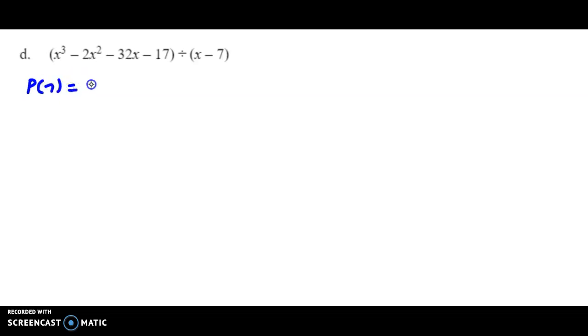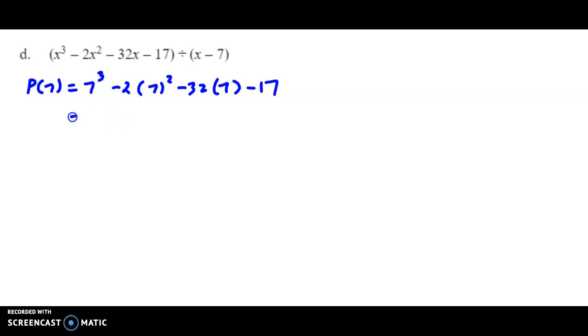Every x value gets a 7, so 7 to the third. Now notice I didn't use parentheses here. You can, if you want to, just stay consistent. But because this is a positive 7, I'm just going to substitute it in as is. All right, so minus 2, and then 7 squared minus 32 times 7 minus 17.